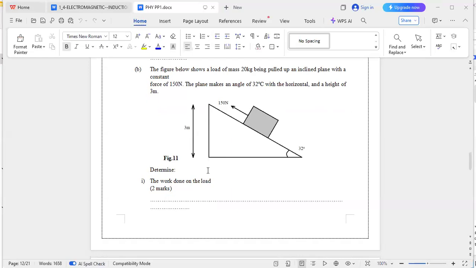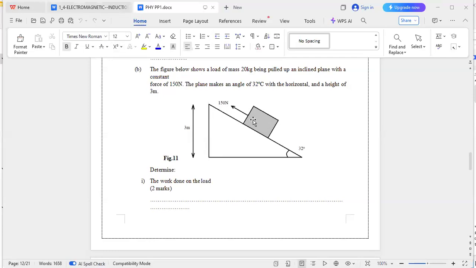So work done on the load is the same as work output. Work output is 150 newtons multiplied by vertical distance 3 meters. That gives us what? 450.